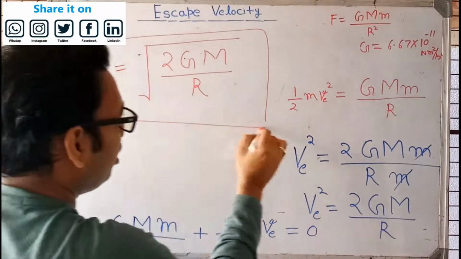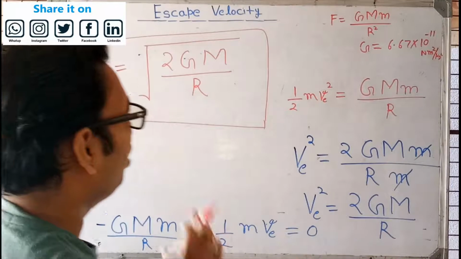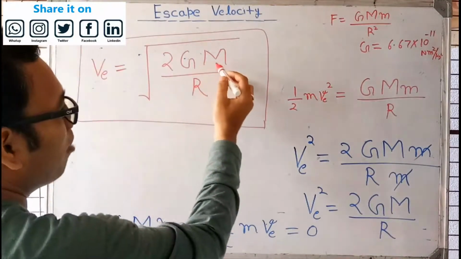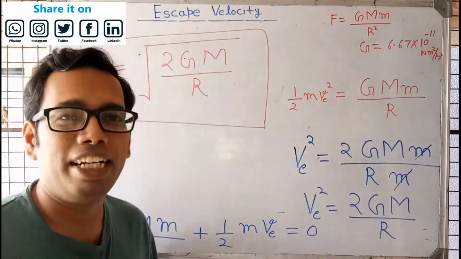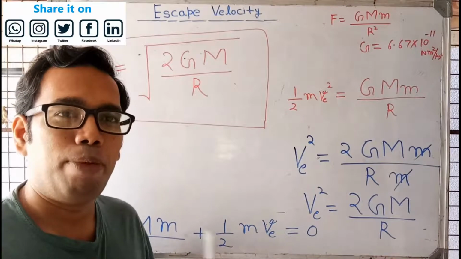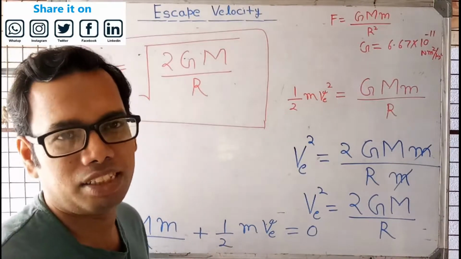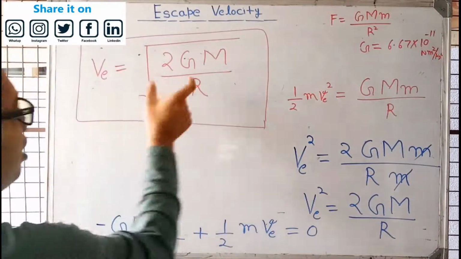So this is the escape velocity formula for the earth, because this is the mass of the earth and the radius of the earth. So it depends on the planet's mass and its radius, meaning distance. Okay, so escape velocity is this.